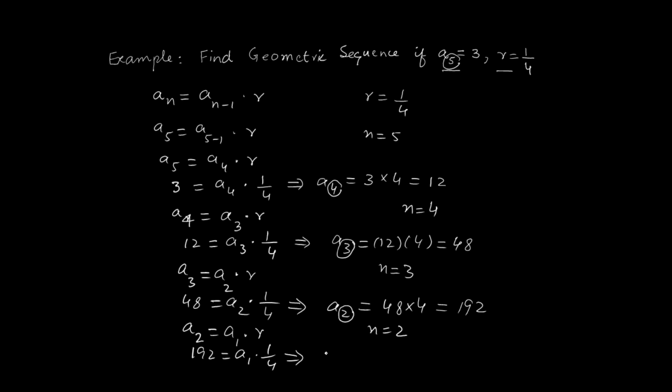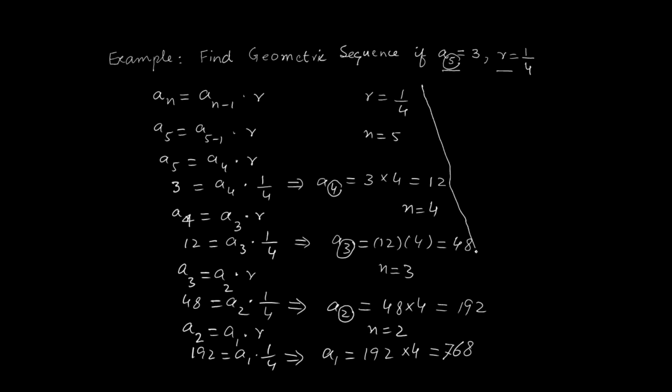So this means a1 is equal to 192 multiply 4. 4 2s are 8 and 4 9s are 36. 3 4 1 is 4 7. 768.